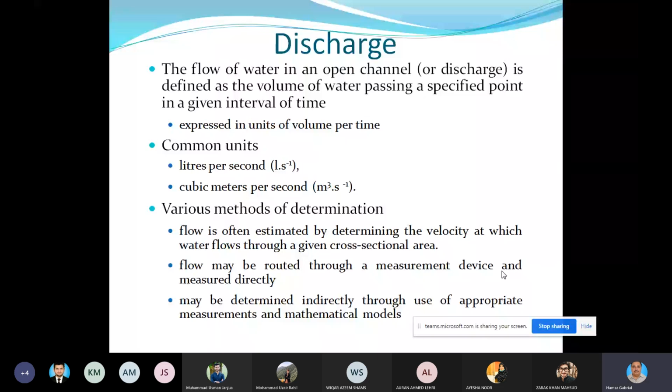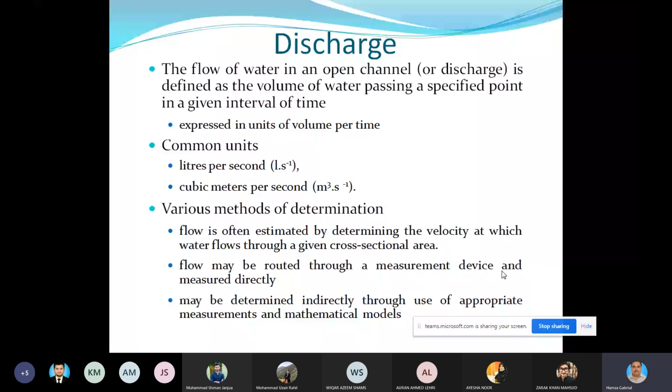The second method of discharge determination can be that you pass all the flow through a measurement device and directly measure it, like a flow meter or some other device like a weir or a flume, where you route all your flow through that device and directly measure it. So this can be another method. A third method is that discharge can be determined indirectly by using appropriate measurements and mathematical models.